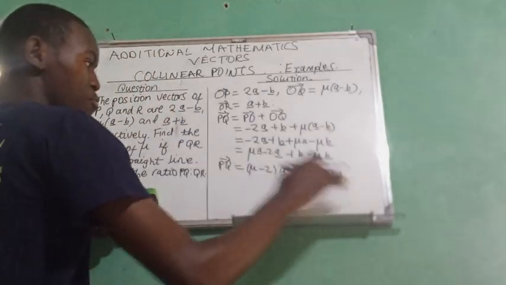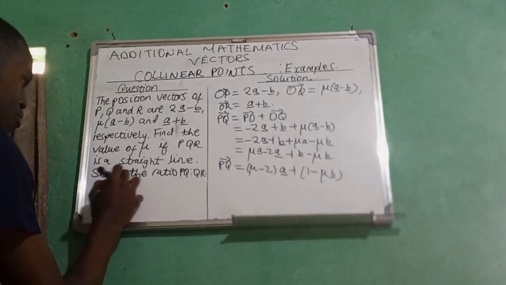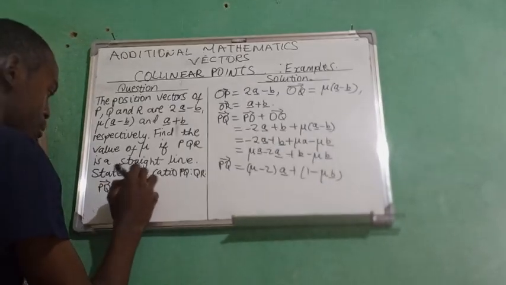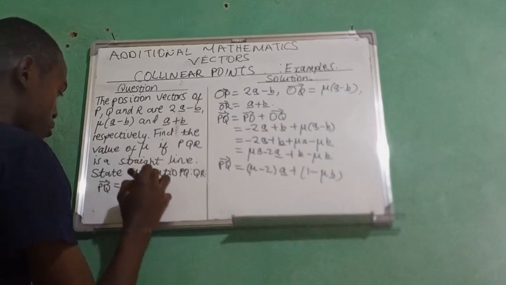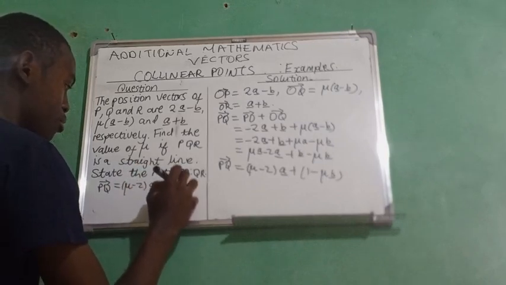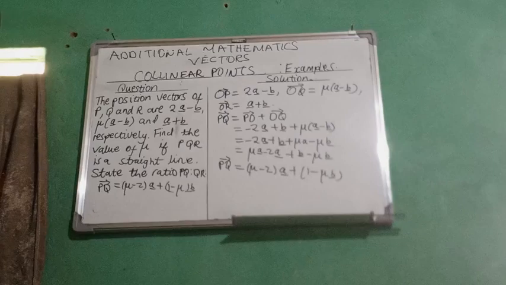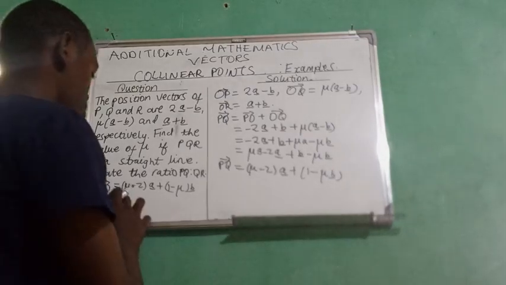PQ is equal to mu minus 2 of vector A plus 1 minus mu of vector B. Alright, so that's our PQ here.